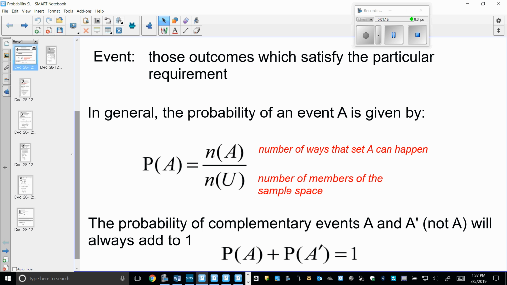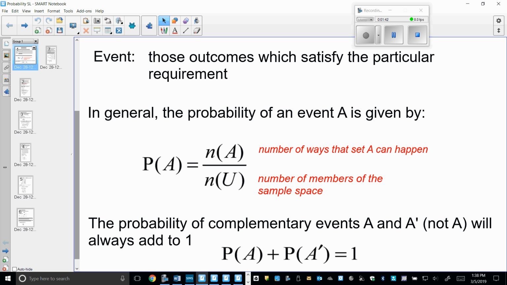You'd often assign a letter to it, so you would say that rolling a 4 is event A. So the probability of A happening is the number of ways that A is possible over the total number of possible outcomes. In other words, how many ways can A happen over the number of things in the sample space.